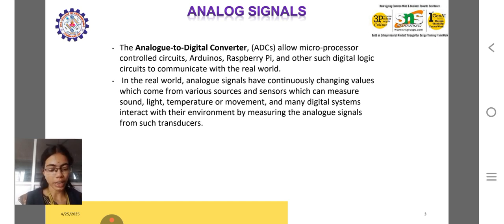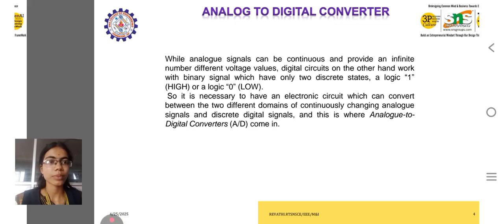For example, if you are using an analog to digital converter to measure temperature, you use a sensor, which is an analog device, that measures temperature or humidity, anything related to the environment, and it is displayed in digital form, such as 38 degrees Celsius. The analog process is converted into a digital process.